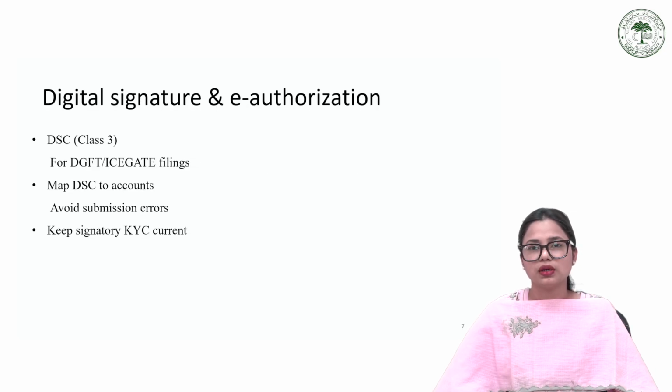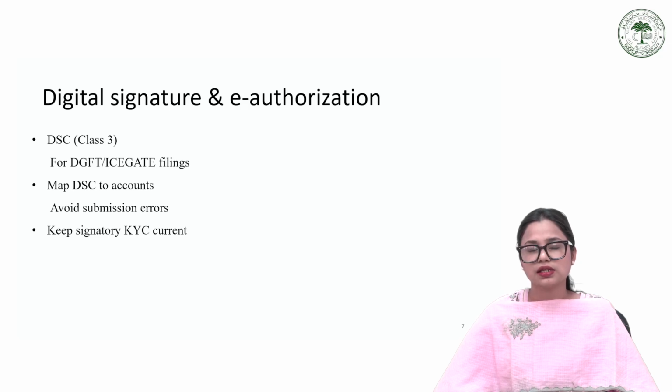Now let us look at what a digital signature and e-authorization is. So when you are applying for an IEC code, once you have received the IEC code, you will have to provide your signature as well.